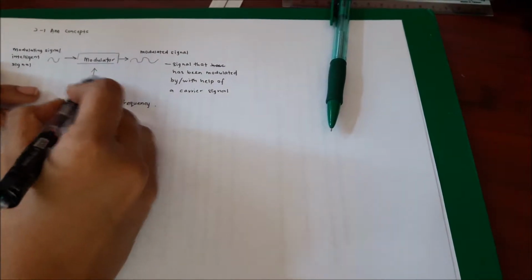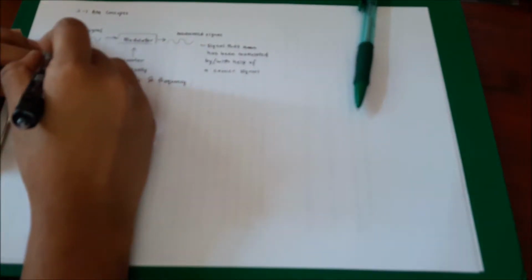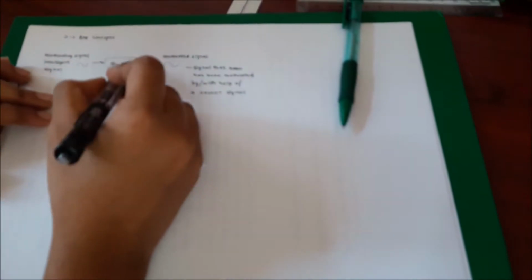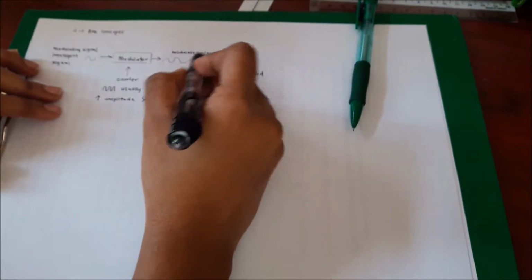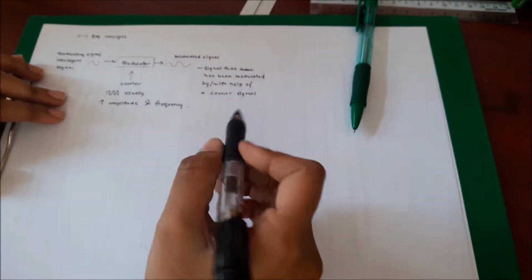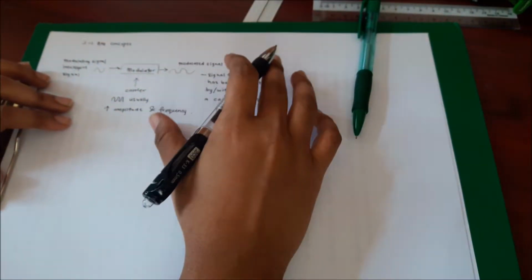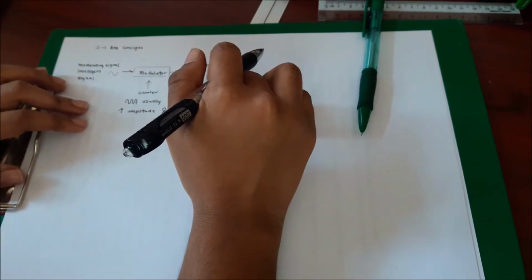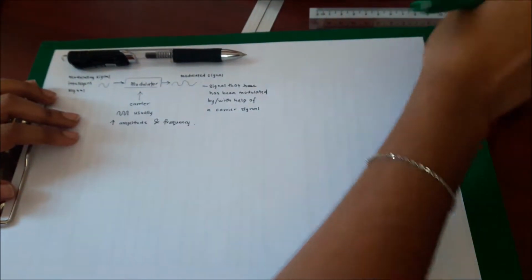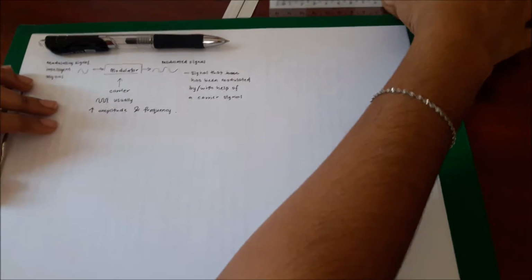With the help of this carrier signal, the modulating intelligent signal is fed inside the modulator and is modulated as the output. Okay, now we'll look closer at what is going to happen at the modulated signal and what the modulated signal looks like.